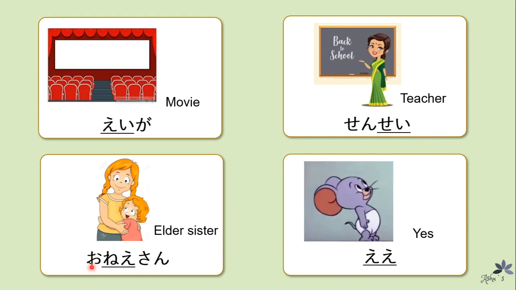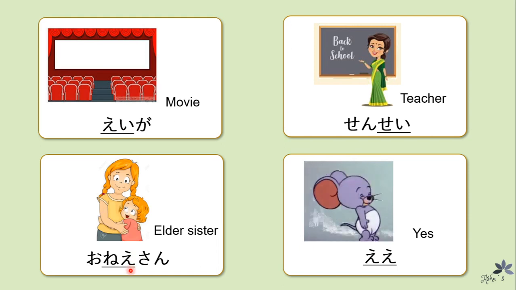Onee-san, onee-san, which means elder sister, and ee means yes. So kindly note here that the long E sounds can be made using the vowel I or with the vowel E.